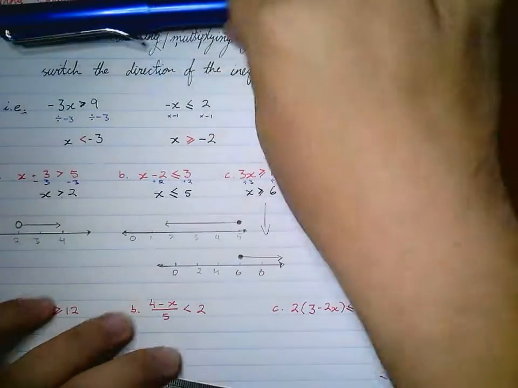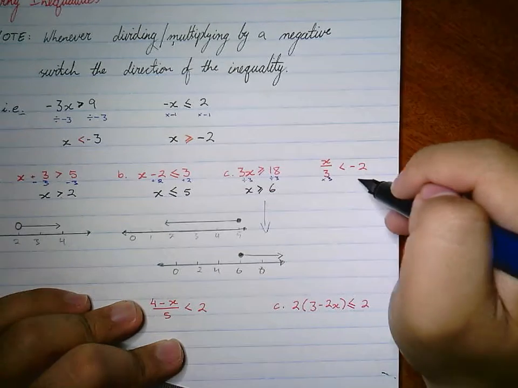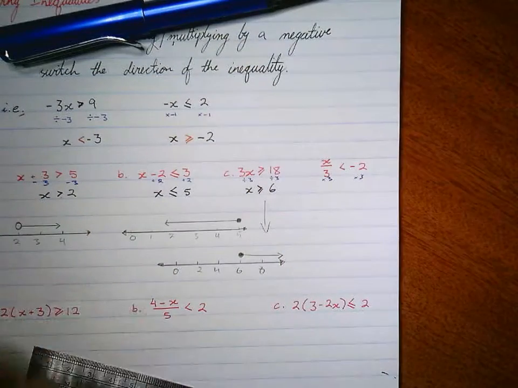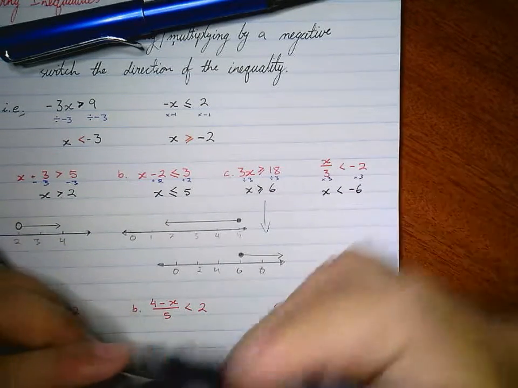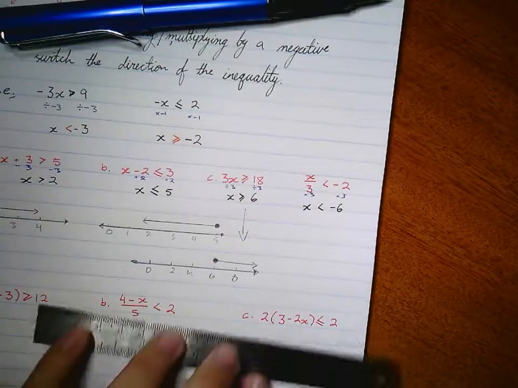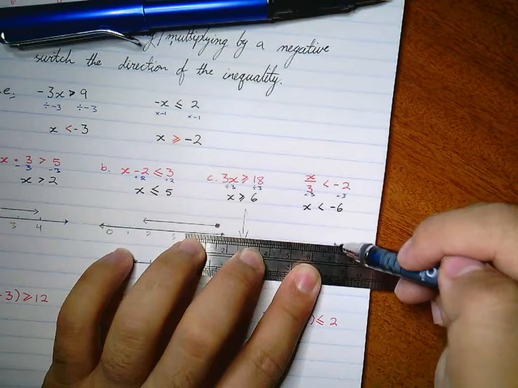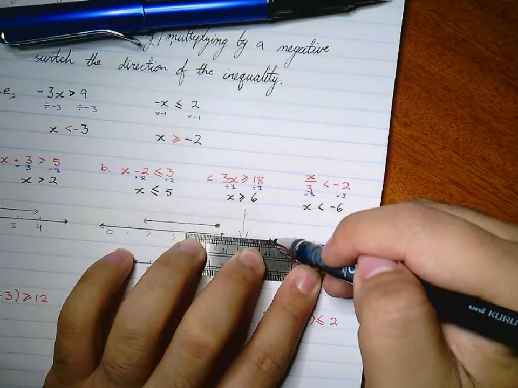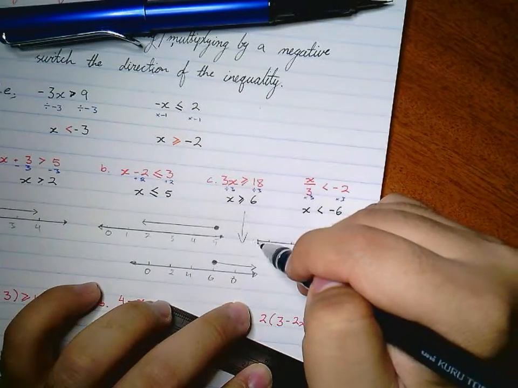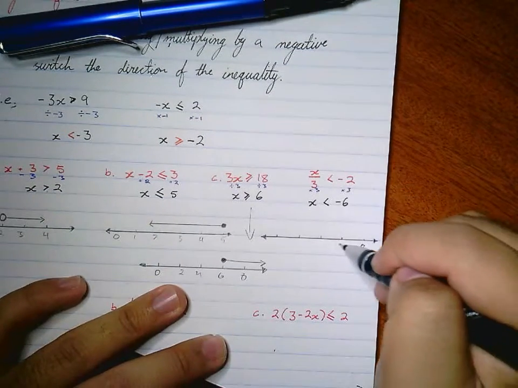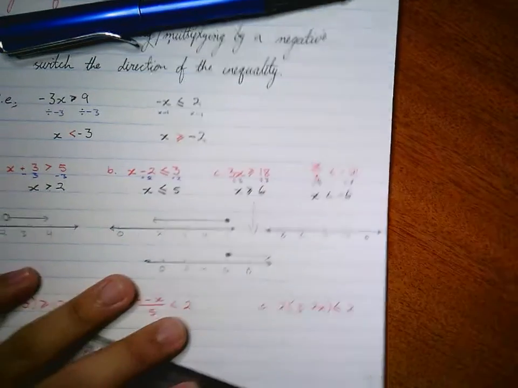One last one here. You take a look, this is divide by 3, so it's going to be multiply by 3 on both sides, which gives me x is less than -6. And for this last one here, we'll go ahead and draw it. 2, 0, -2, -4, -6, -8.